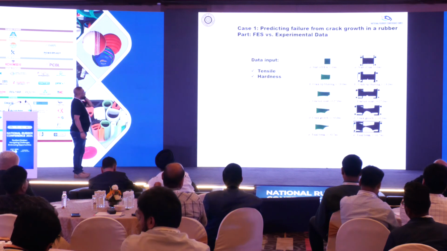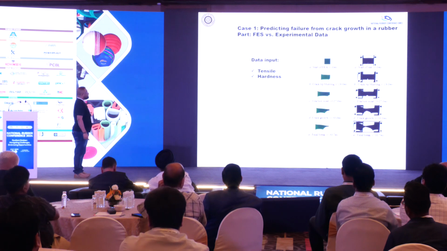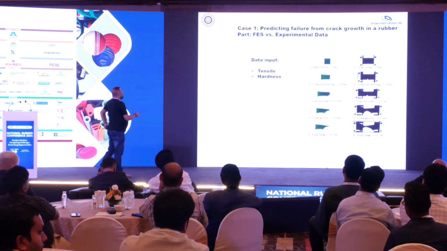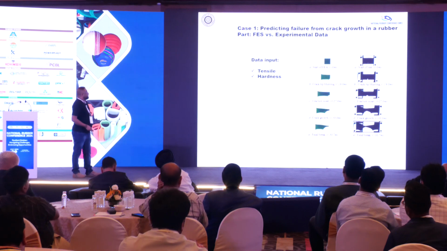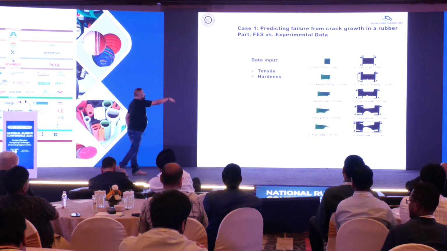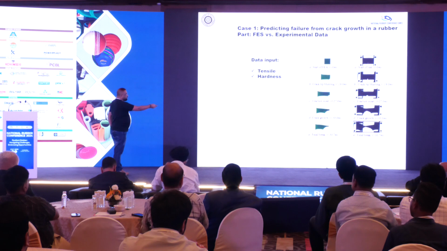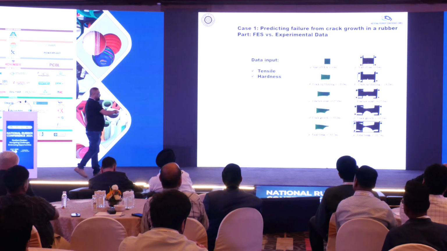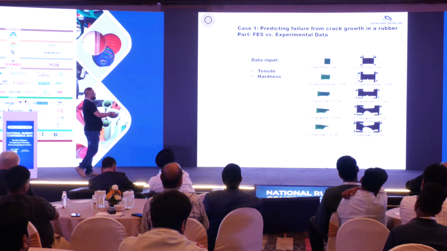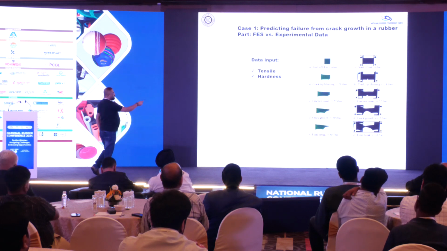You see a vis-a-vis comparison between simulated data and experimental findings, showing crack growth in a rubber part. On the left-hand side you see the simulated values, and on the right-hand side the experimental values, and both are almost the same: 30.7 milliseconds. After 30.7 milliseconds, the crack growth completes and the product fails.